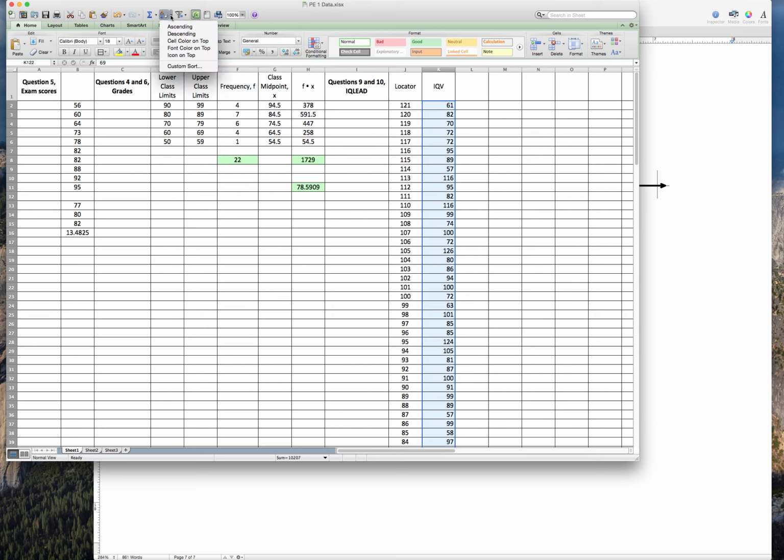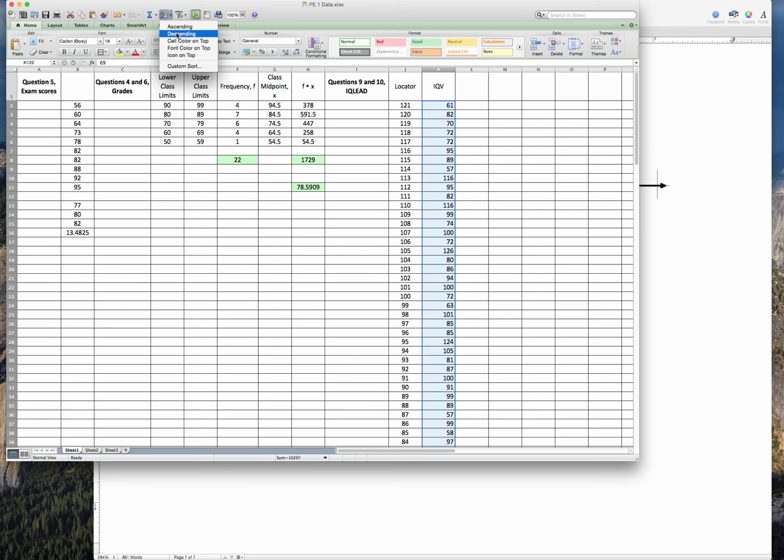The Microsoft version of Excel says from smallest to largest or from largest to smallest. This version uses the word descending, from the largest to smallest. That's what you want, because that's what this locator corresponds to, is the largest value. And so you click on descending.